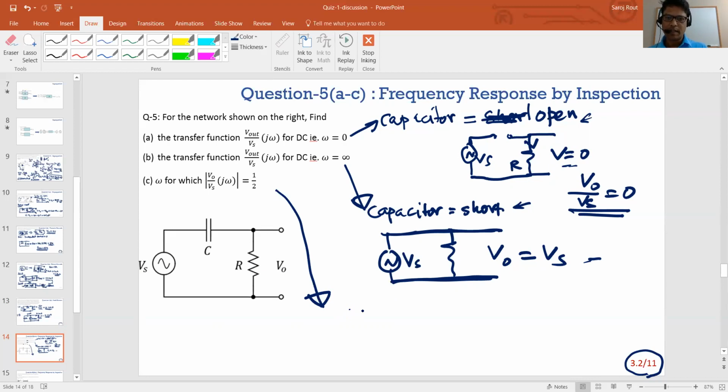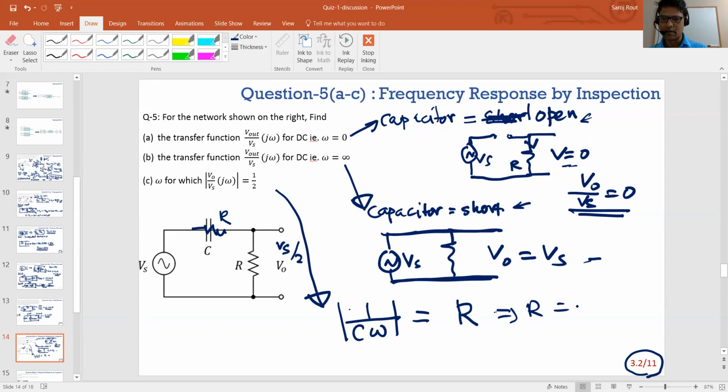And the halfway point is when the magnitude of the capacitor is equal to the magnitude of the resistor, right? So if this impedance here is exactly equal to R, then this V out would be just Vs over 2, right? So that's how you find out the pole location. And this is at omega equals 1 over RC.